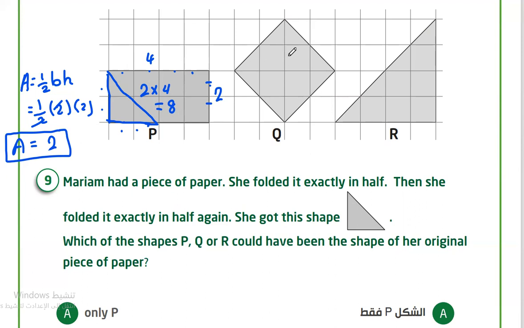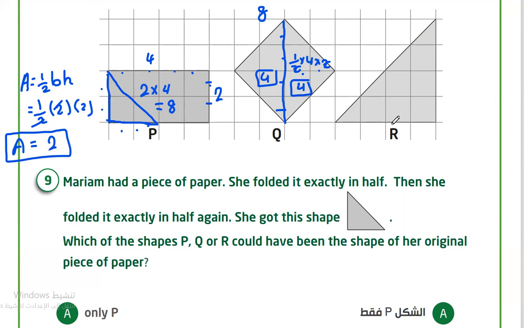The area of the square, we can separate here also, we can find it. So the base is 4, half times 4 times the height, 2, then you simplify, then the area of each part is 4. So the area of the square is what? Also 8, right?